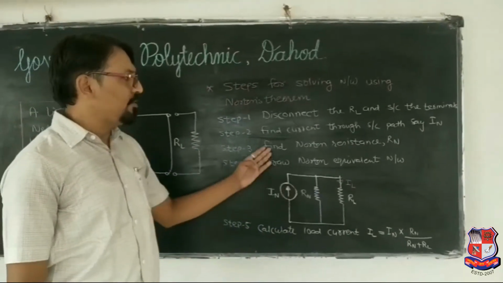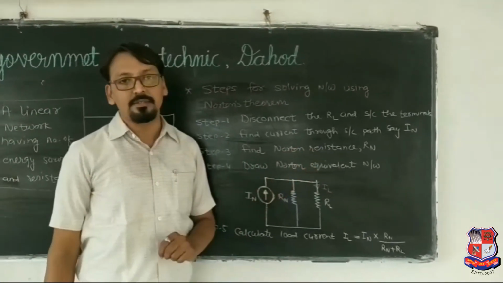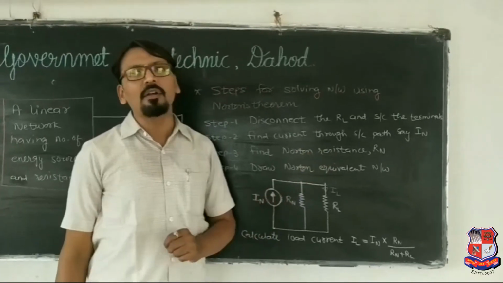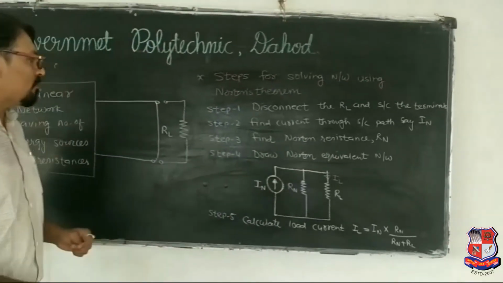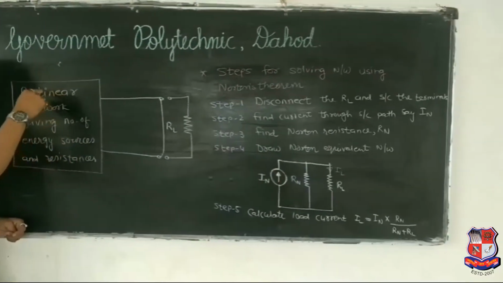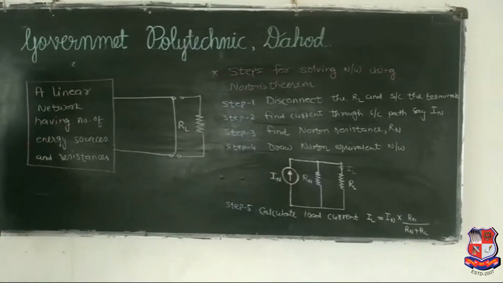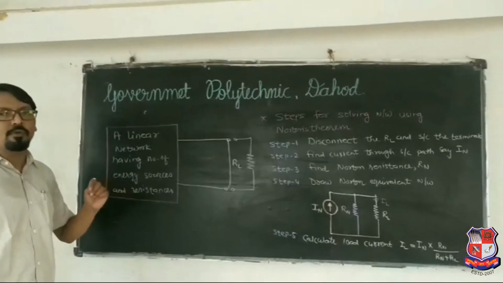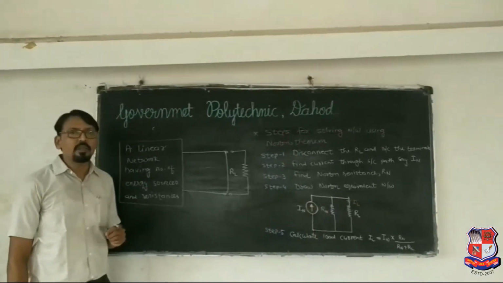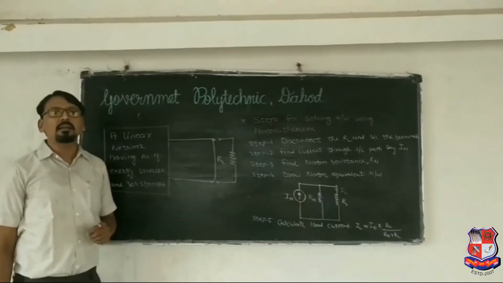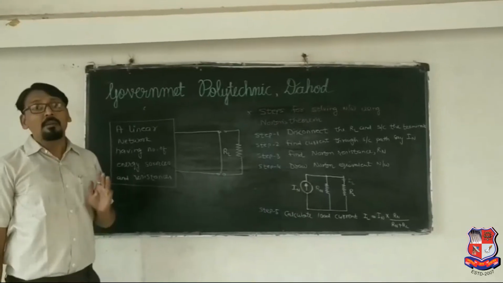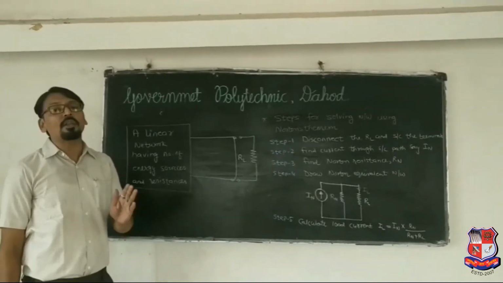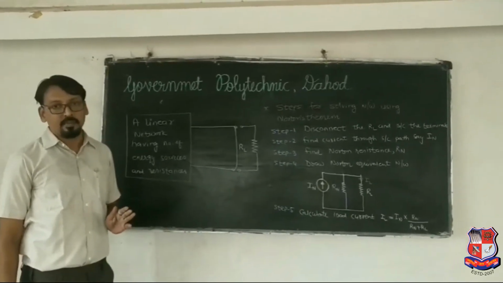Third step: we have to find the Norton equivalent resistance. How to calculate it? Whatever energy sources are given, we have to deactivate them. If current sources are there, we open circuit them, and if voltage sources are there, we short circuit the batteries. Then our network is a purely resistive network.